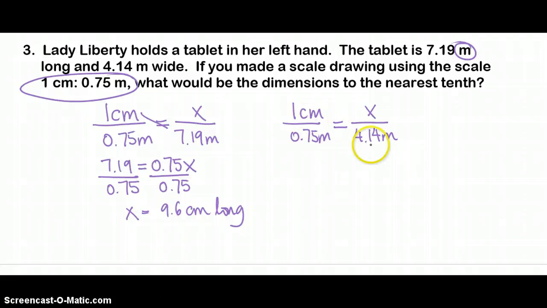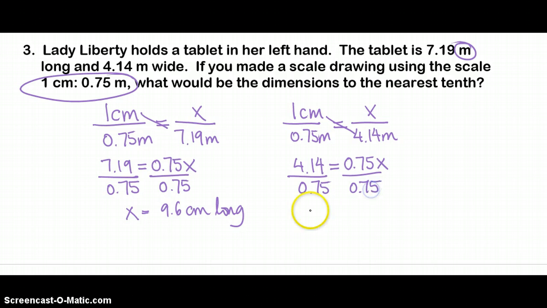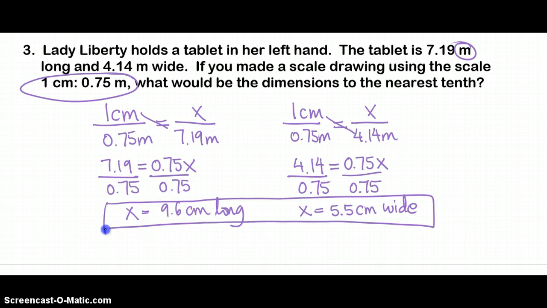So we cross multiply. 1 times 4.14 is 4.14 equals 0.75 times x is 0.75x. Now you divide both sides by 0.75. And you get x equals 5.5 centimeters, and this is going to be wide. So that's your answer. It's going to be 9.6 centimeters long and 5.5 centimeters wide.